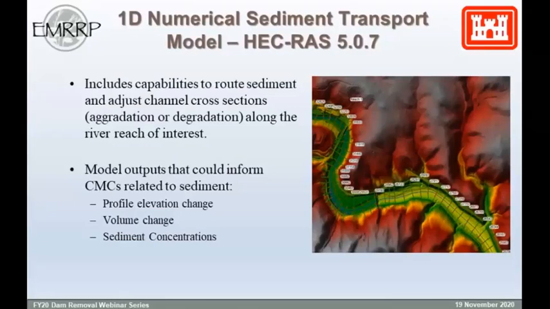What I mean by aggradation is when there's a deposit of sediment at a certain location. And degradation means when I'm losing material, there's erosion occurring at certain locations. So basically, this model can adjust the initial bed conditions based on sediment dynamics and hydraulic inputs.